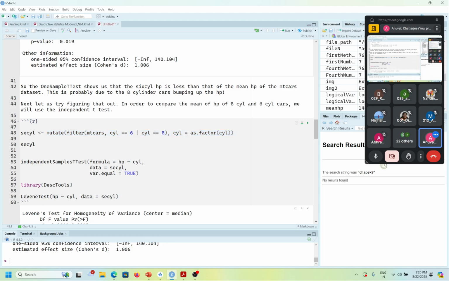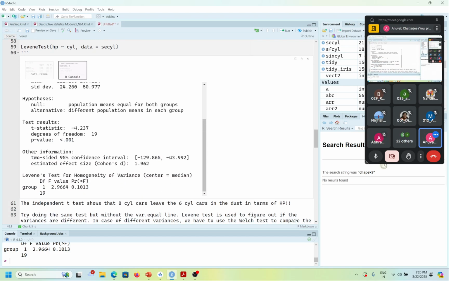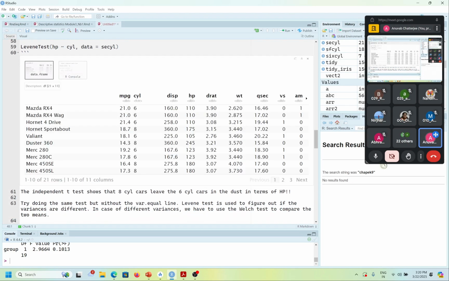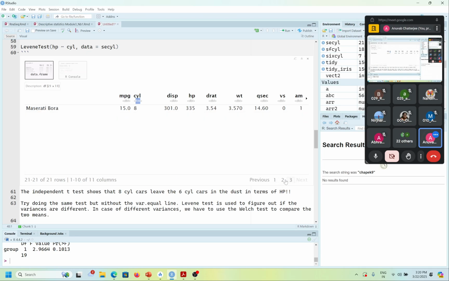So first we filtered and only took the groups that we want to compare, the 6-cylinder and the 8-cylinder cars, and then we made the entire cylinders data into a factor, because that is the only thing that our t-test can take. So run this part of it, and you should be able to see that you have a new dataset where the cylinder is set as factor, and you have only 6 and 8 cylinders in the entire dataset.